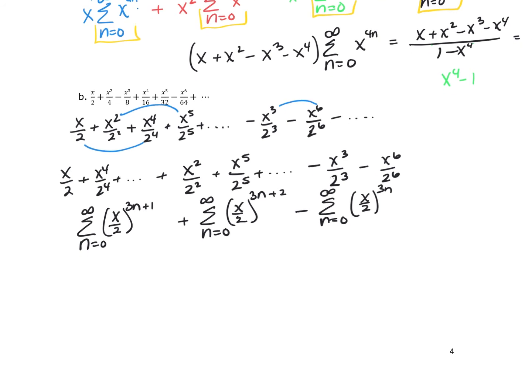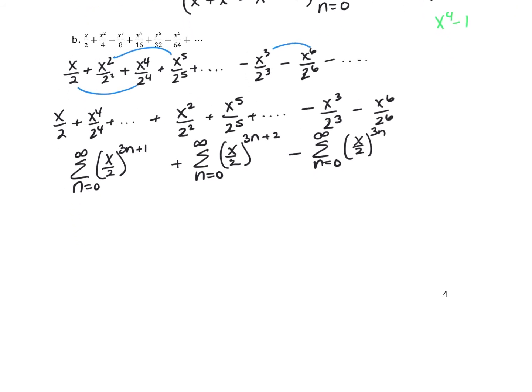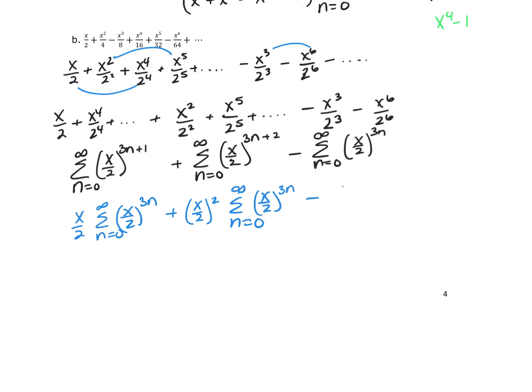As before, I'm going to factor out an x over 2, n equals 0 to infinity of x over 2 raised to the 3n, plus x over 2 squared, summation of n equals 0 to infinity of x over 2 raised to the 3n, minus, and then I have nothing to pull out of this last series, x over 2 raised to the 3n.